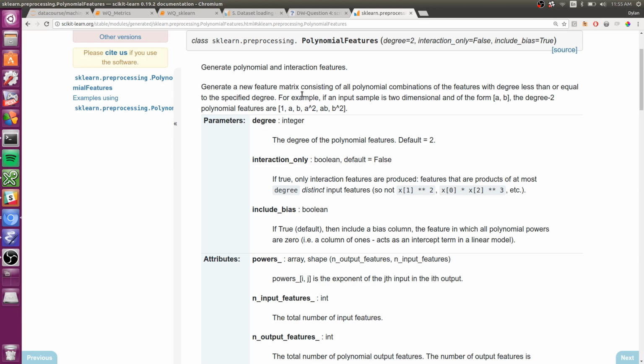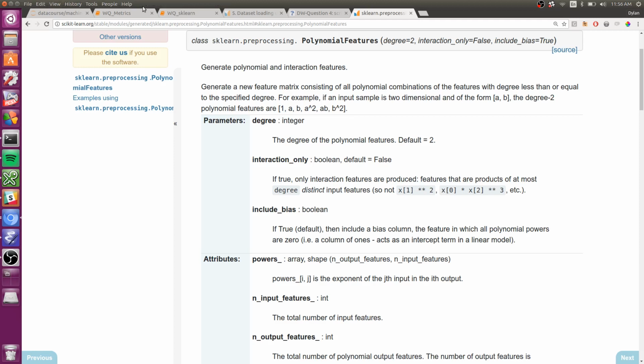What we would do is fit a linear model, but we compute polynomial terms between the features we have. So if we wanted to fit a parabola, a second degree polynomial, to our data, and we have the features a and b, polynomial features is going to compute a squared, a times b, and b squared for us.